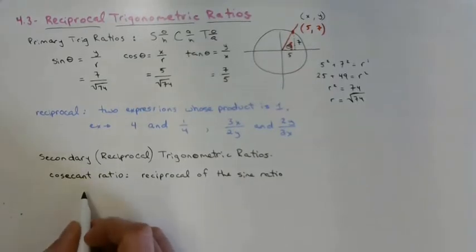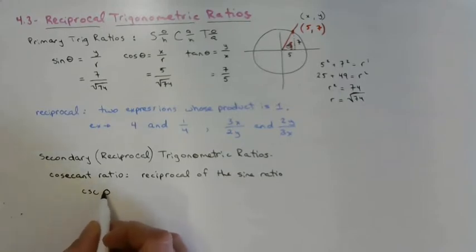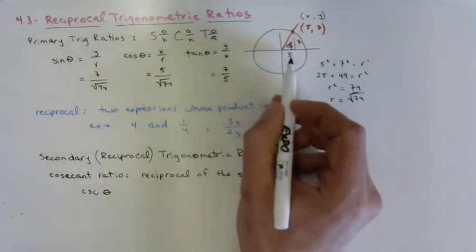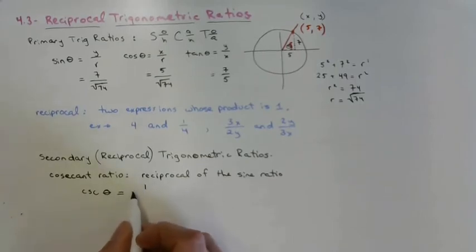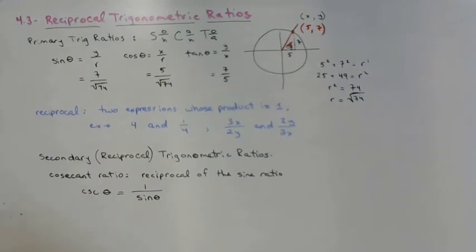So what does that mean? Well, the cosecant ratio is symbolized by or denoted CSC of theta. Remember, you always take the ratio of an angle within a right angle triangle. The cosecant of this is the reciprocal of sine theta, which is 1/sine theta.